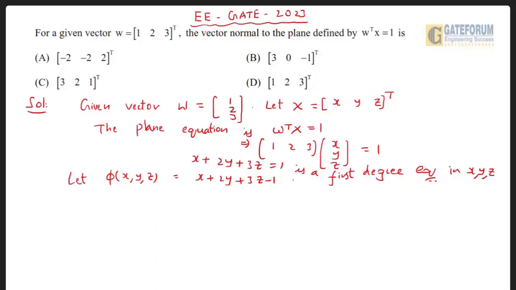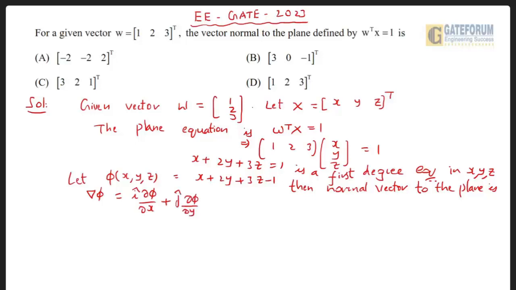Okay. Then for the normal vector, bring all the terms to one side, that is your scalar function phi of X, Y, Z. The normal vector to the plane is gradient phi, that is del phi, because it is three variables: I cap dou phi by dou X plus J cap dou phi by dou Y plus K cap dou phi by dou Z. With respect to X the partial derivative is 1, with respect to Y it is 2, with respect to Z it is 3.